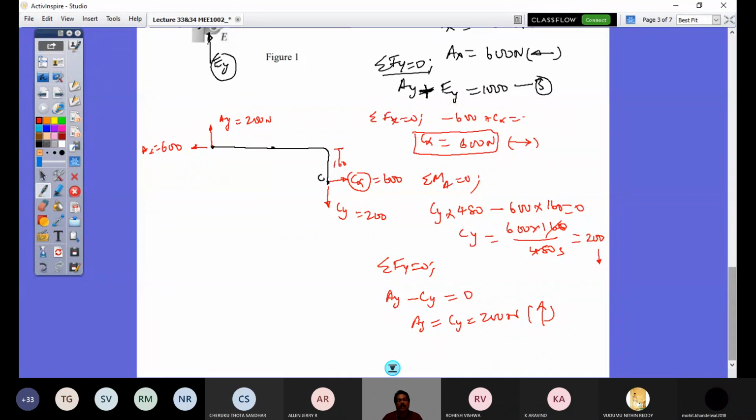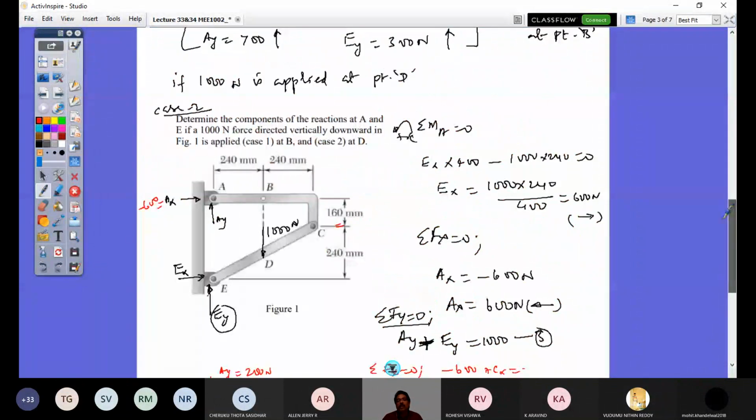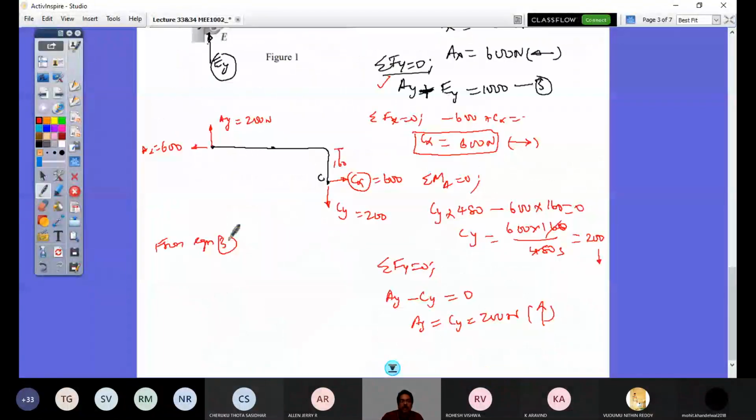Ex is found out, Ey I have to find. So I have to get this equation back again. This is equation number 3: Ay plus Ey is equal to 1000. Ay is just 200 we have found. So Ey equals 1000 minus 200, I get 800 Newton. And the direction is as assumed, as this value of Ey is positive.